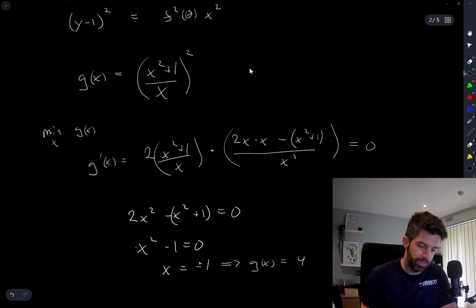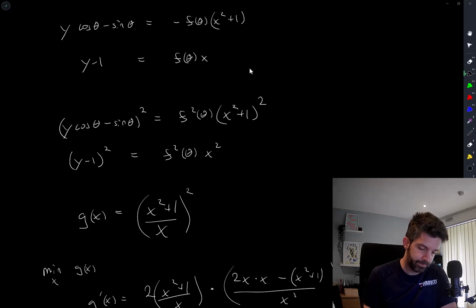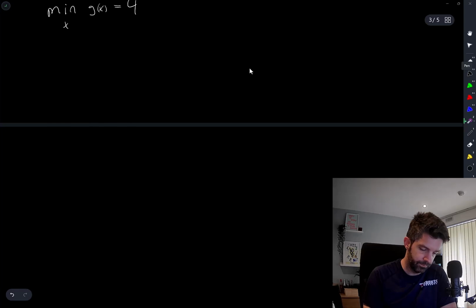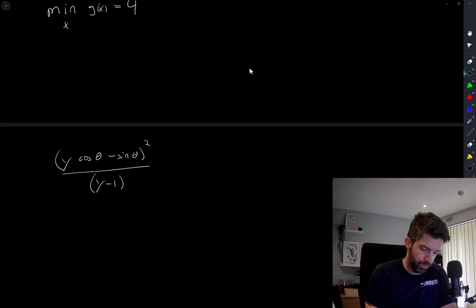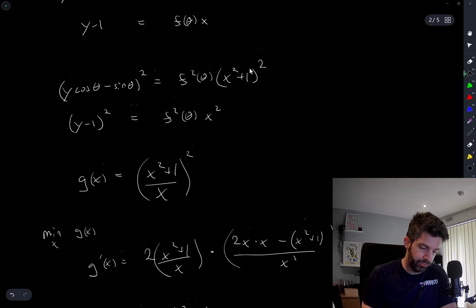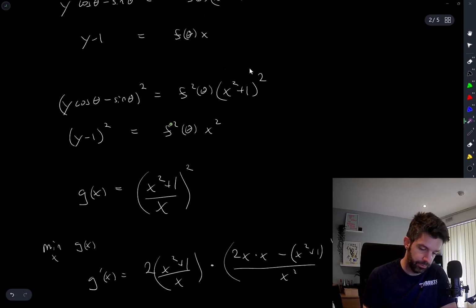So if I now look at my original expressions here, these ones, if I take a ratio of these, for example, y cosine theta minus sine theta squared divided by y minus 1 squared, this is equal to g of x because the f of thetas cancel.